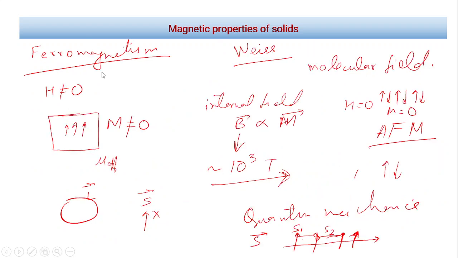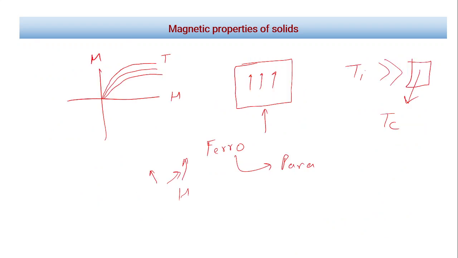Whereas in a ferromagnetic material, because there is already some interaction which is orienting the moments in one direction, once we magnetize it, even when you make the field zero, the magnetization will not come back to zero. So the graph is called the MH loop.